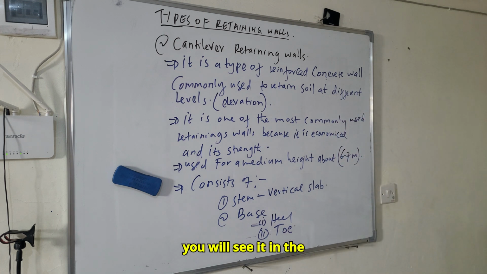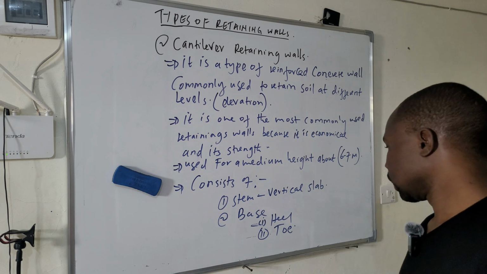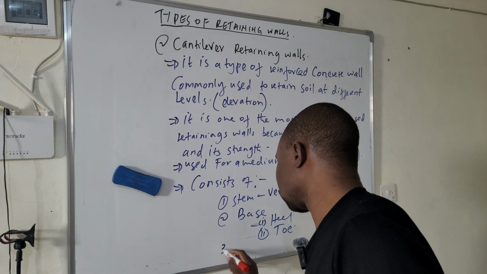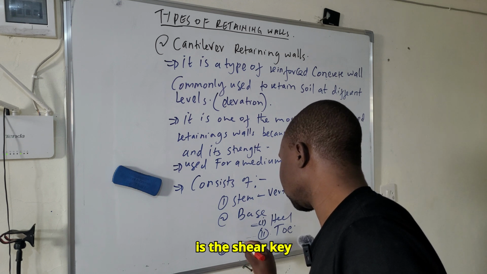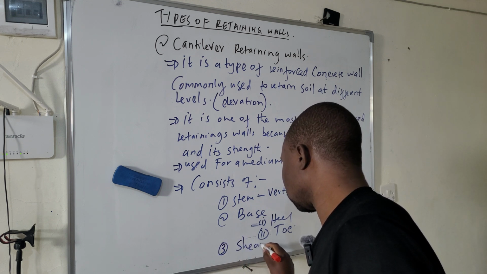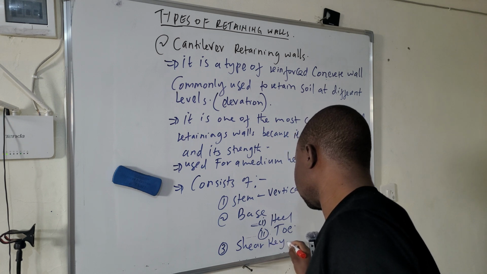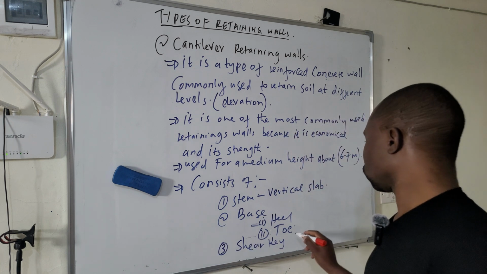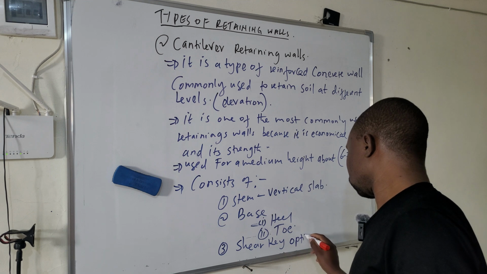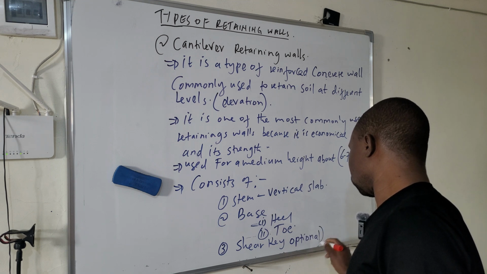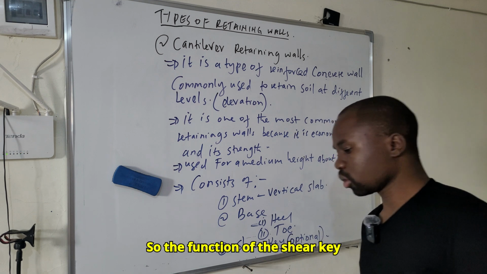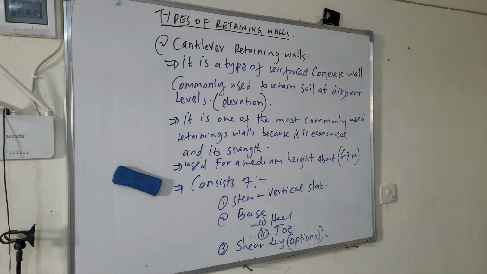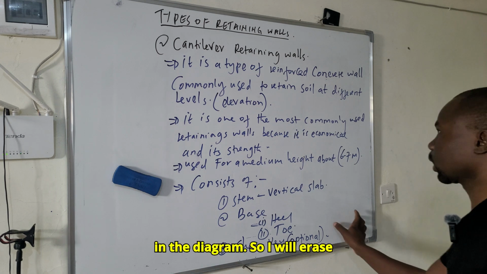You will see it in the diagram. And then the third one is the shear key, which is optional. The function of the shear key is to prevent sliding. Again, you will see it in the diagram.